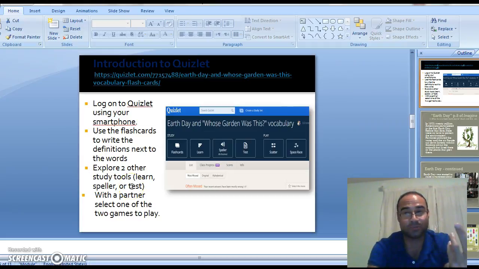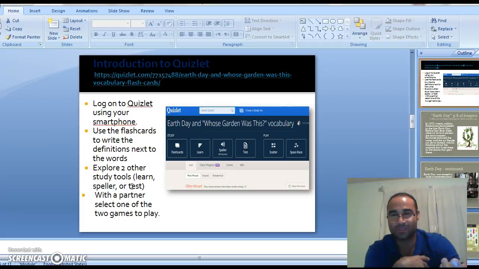And that's individually. And then with the partner, they can select one of the 2 games to play. They'll have time to also use Quizlet as a tool as part of their homework. But this is number 1, familiarizing themselves with the vocabulary, using different tools to help them acquire these new words, and also helping them learn to use the tool themselves.